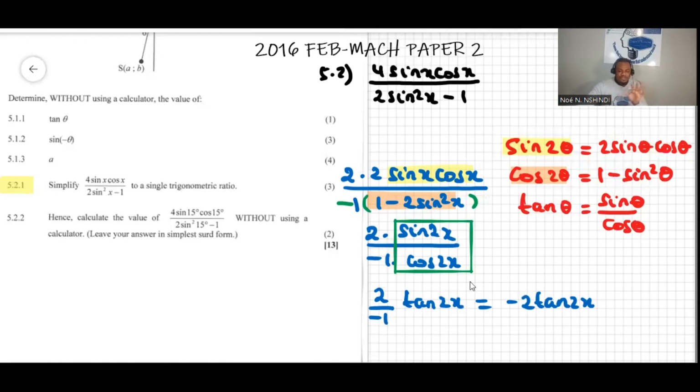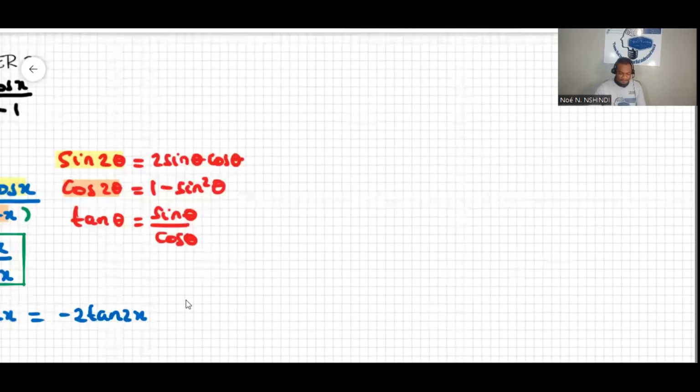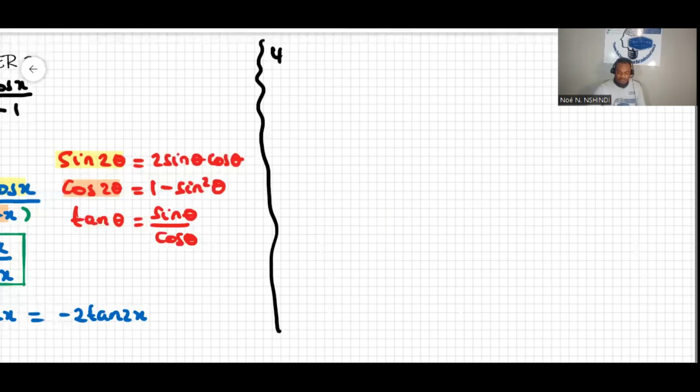The shortest way of solving this problem is to move and write the same expression here.